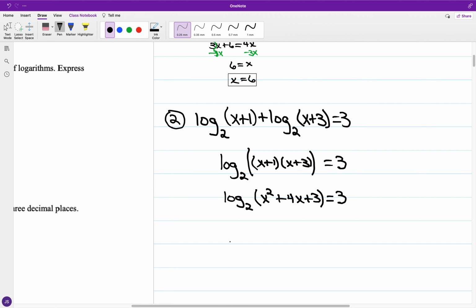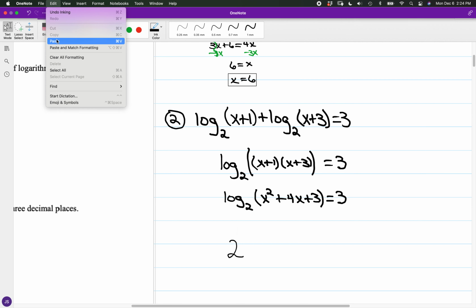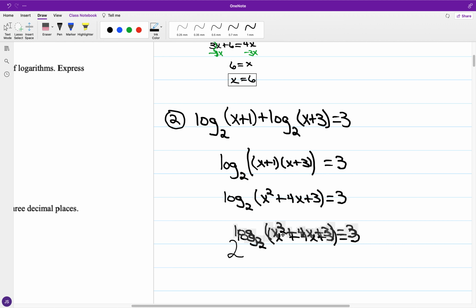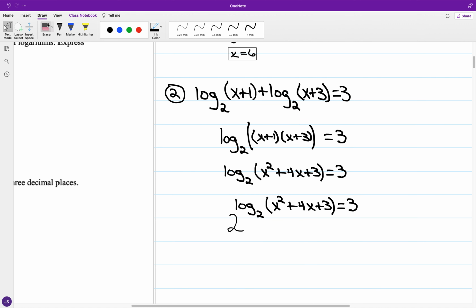So applying what we have here. Okay, so I got 2 to the base 2 logarithm of x squared plus 4x plus 3, and that's going to be equal to 2 raised to the third power.